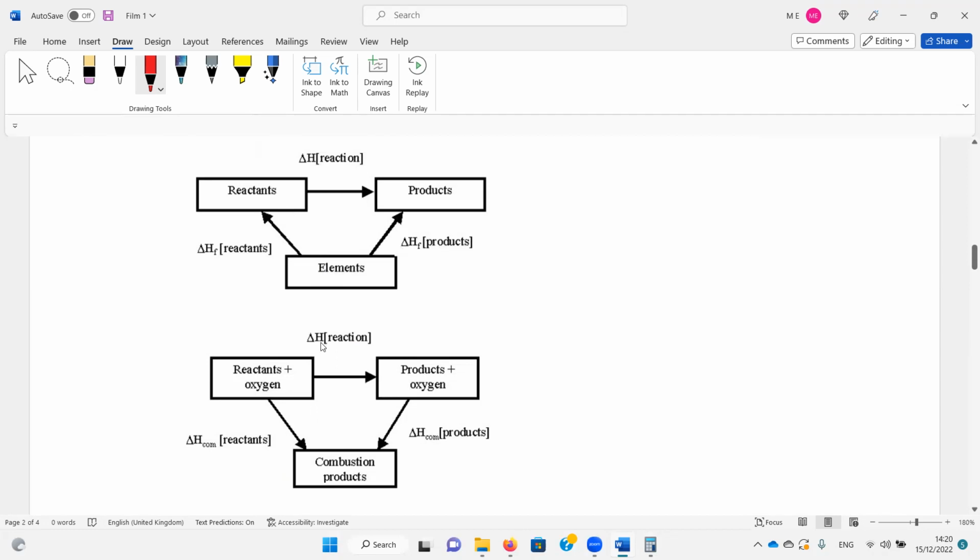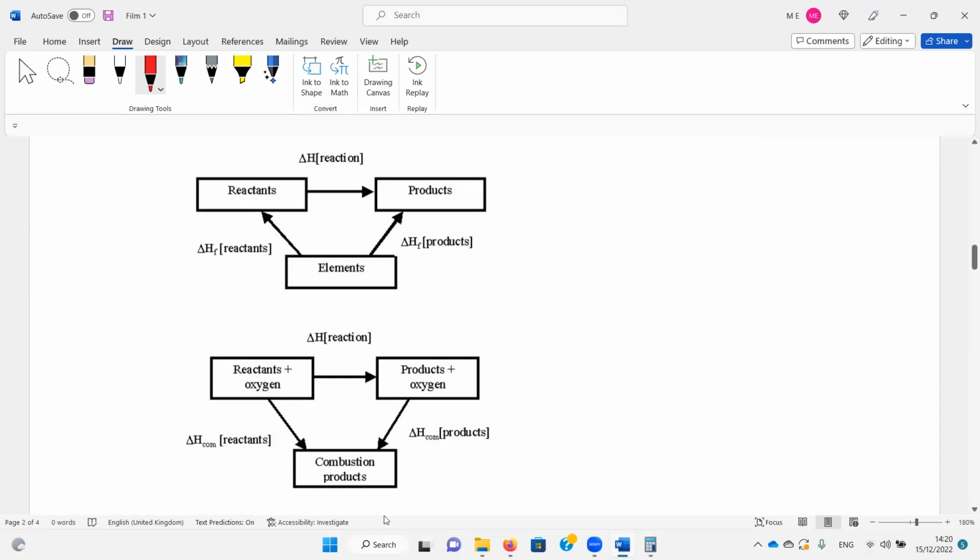Whereas if you are provided with data for the enthalpy change of combustion, that means you are reacting the reactants and the products with oxygen to form the combustion products. If we are talking about organic compounds, then you are talking about carbon dioxide and water. In this case, the arrows must be pointing downward, because you are reacting reactants and products with oxygen.